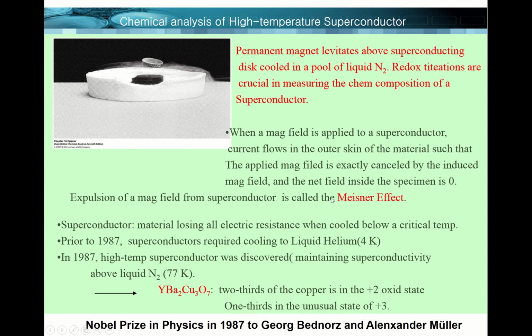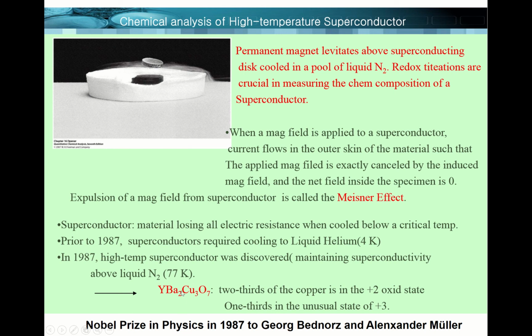But how is this high temperature superconductivity related to electrochemistry? Look at this one. This is the so-called 1,2,3 compound. Yttrium stoichiometry is 1, barium is 2, and copper is 3, and there are oxygen atoms, here 7, maybe less than 7, so 7 minus delta. People wanted to know the oxidation state of copper.